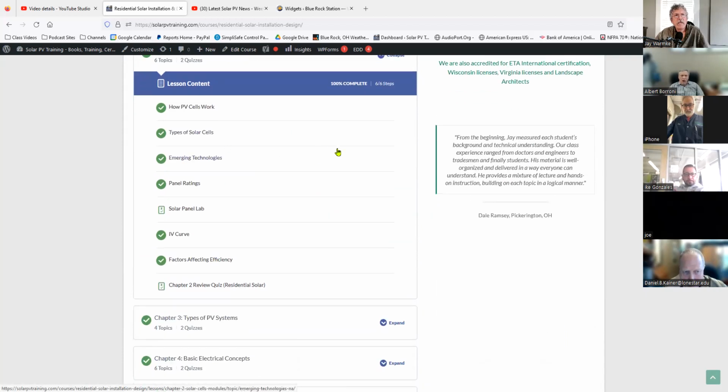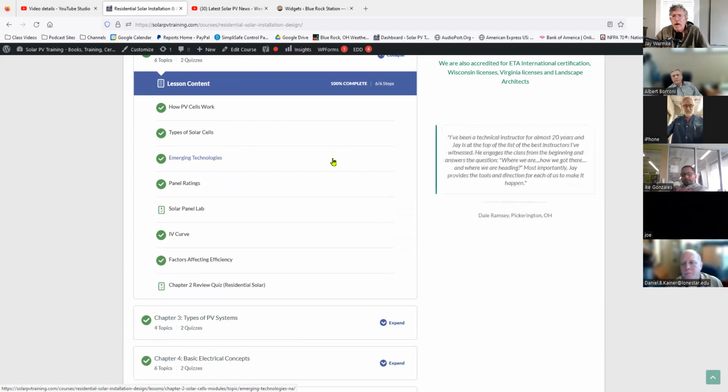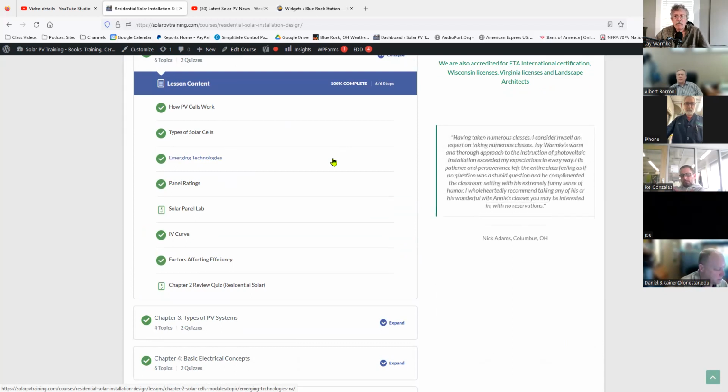Solar cells, we touched on some of that. Some of the emerging technology is pretty promising in the world of solar. We've traditionally seen monocrystalline and polycrystalline panels. Those are silicon-based crystalline panels. They do represent about 90% of the world's embedded solar panel stock.